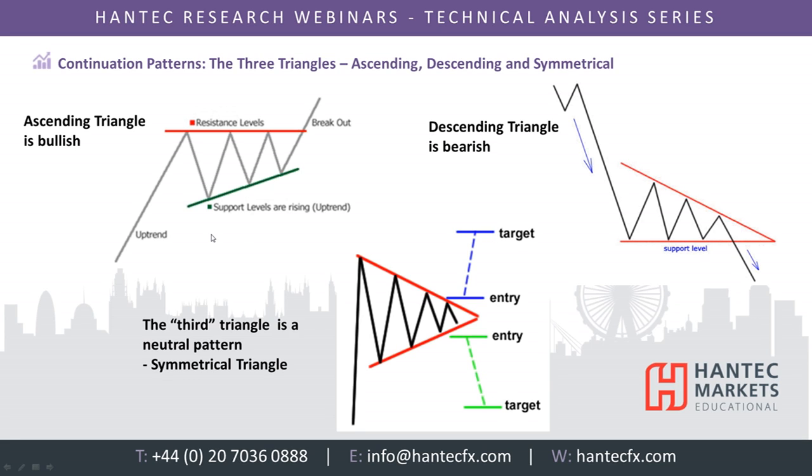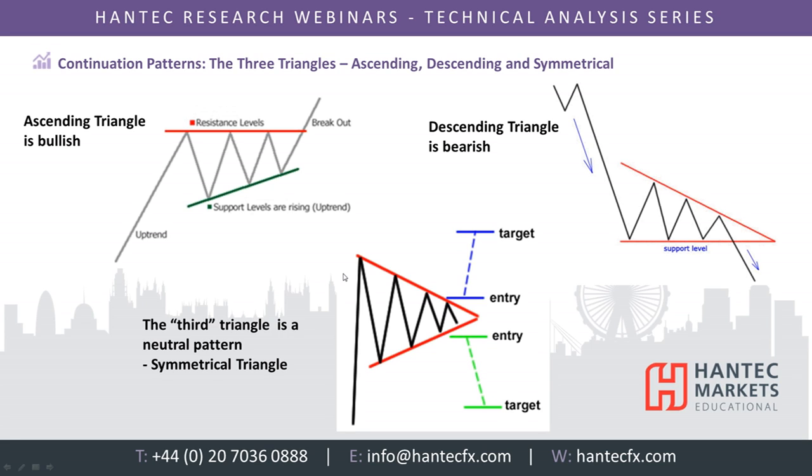Okay, third triangle, which I'm not 100% happy about trading, because I think it's not a true triangle in my opinion, is a symmetrical triangle, because the whole fact of triangles is that they should be continuation patterns, and ultimately a symmetrical triangle could break both ways. Because you've got higher lows and lower highs, and ultimately you don't know which way that's going to break.